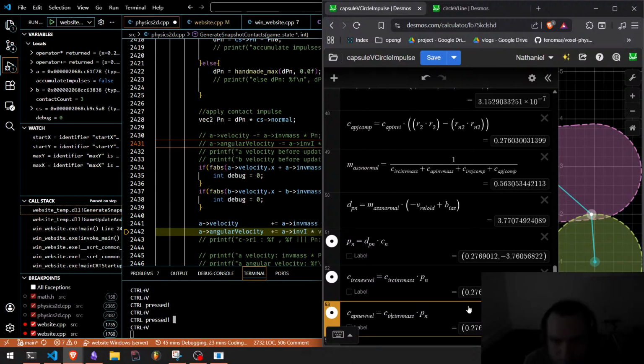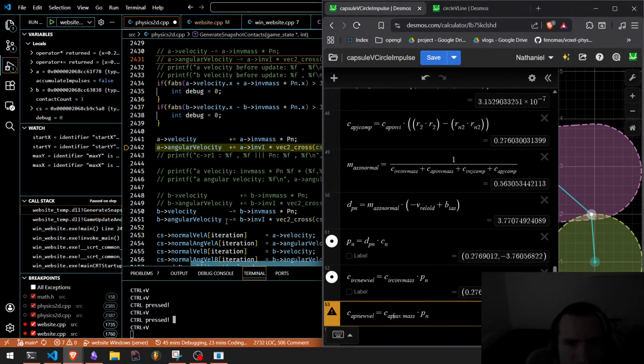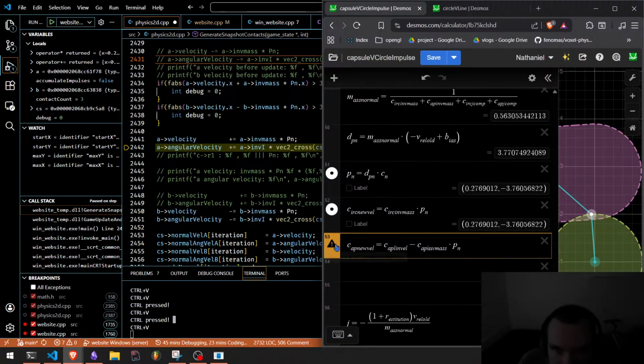Cap nu vel equals, or subtracting it, like negative. Sorry, I don't understand this. I do not understand.